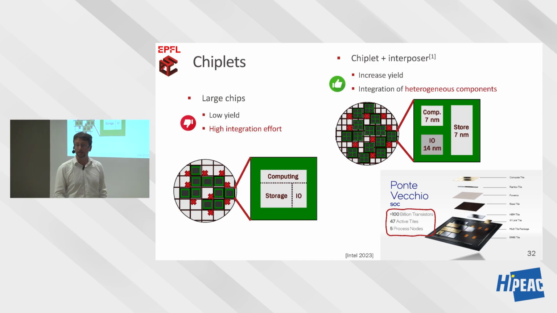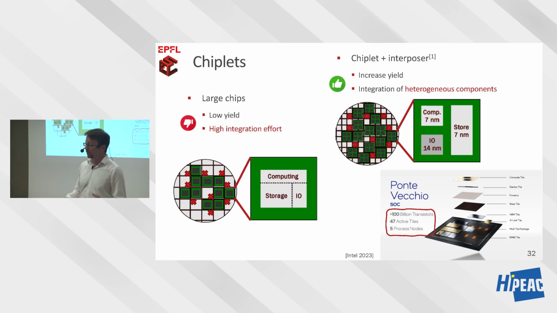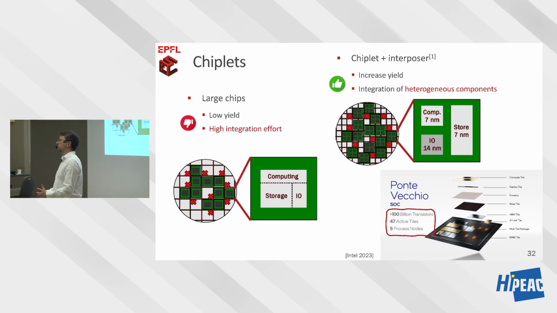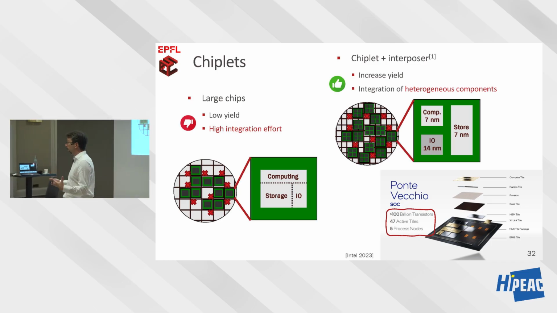For different reasons, we are seeing more and more systems composed of different chiplets connected through an interposer. The two main reasons are, one, yield. If we have a number of defects on a wafer, the number of defective chips depends on the size of the chip. So you can have a much larger number of working chips if you have small ones than if you have big ones.